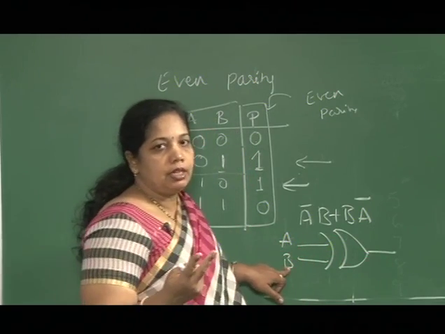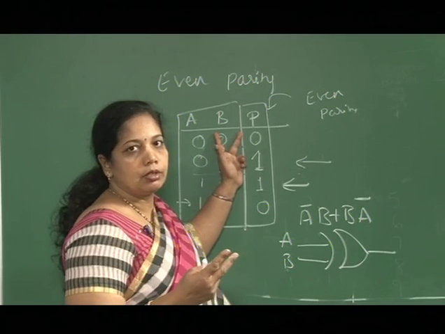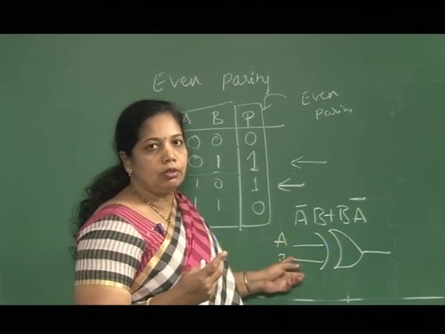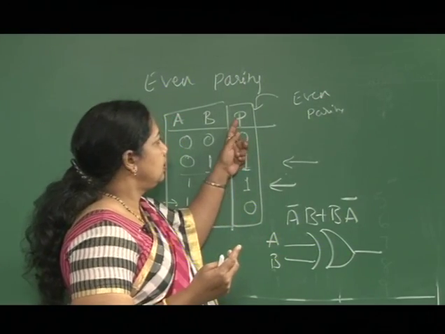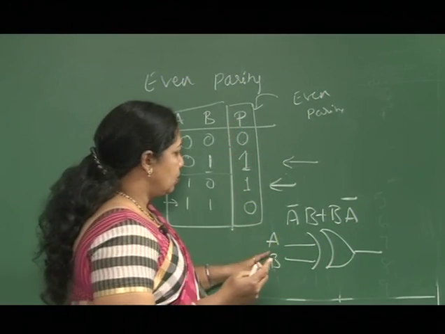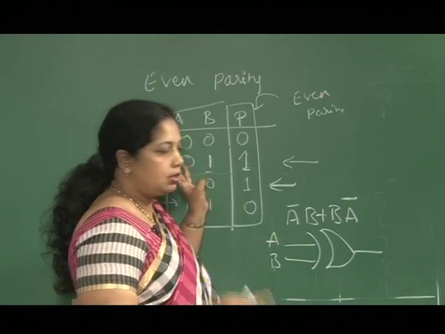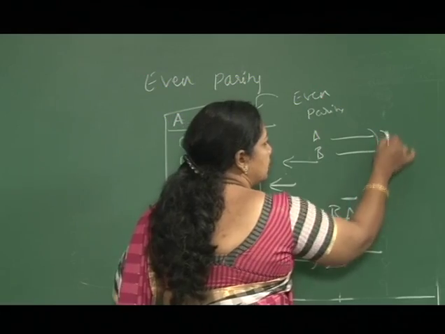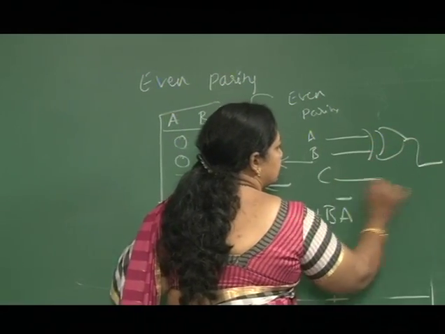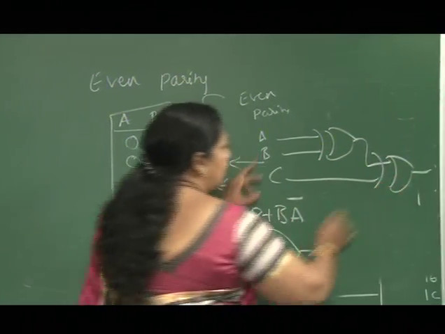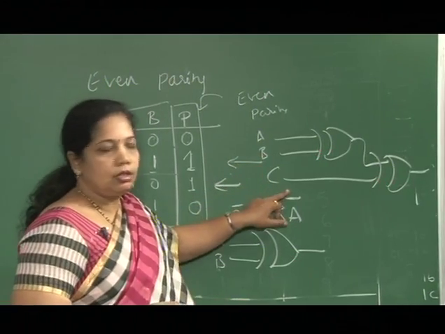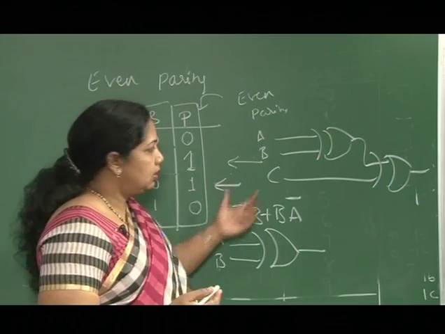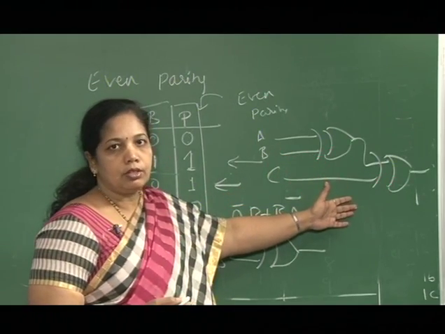If I am taking two inputs, then I am going to generate a two-input XOR gate for the parity bit. If I am considering 3 bits, then similarly I will have A XOR B XOR C.